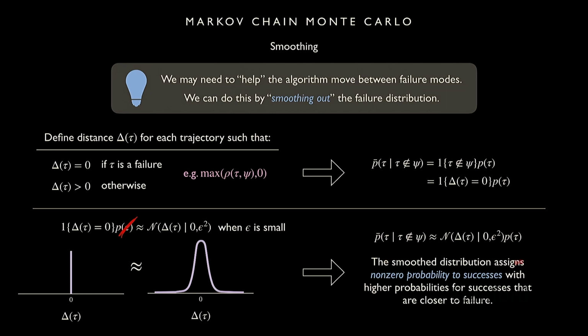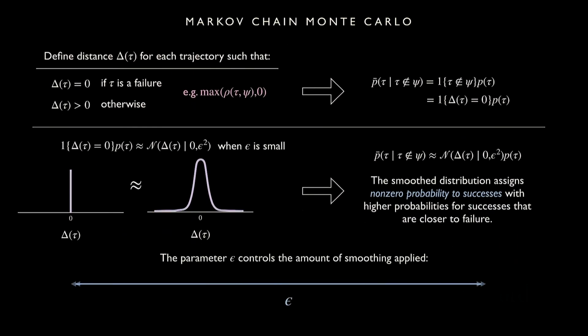And so now this smooth distribution will assign non-zero probability to successes, with higher probabilities for successes that are closer to failure. I'll show visually what this looks like in a second to get more intuition. But one more thing to note is that this parameter epsilon allows us to control how much smoothing we're applying. If it's 0, we're back to our indicator function, we have no smoothing.